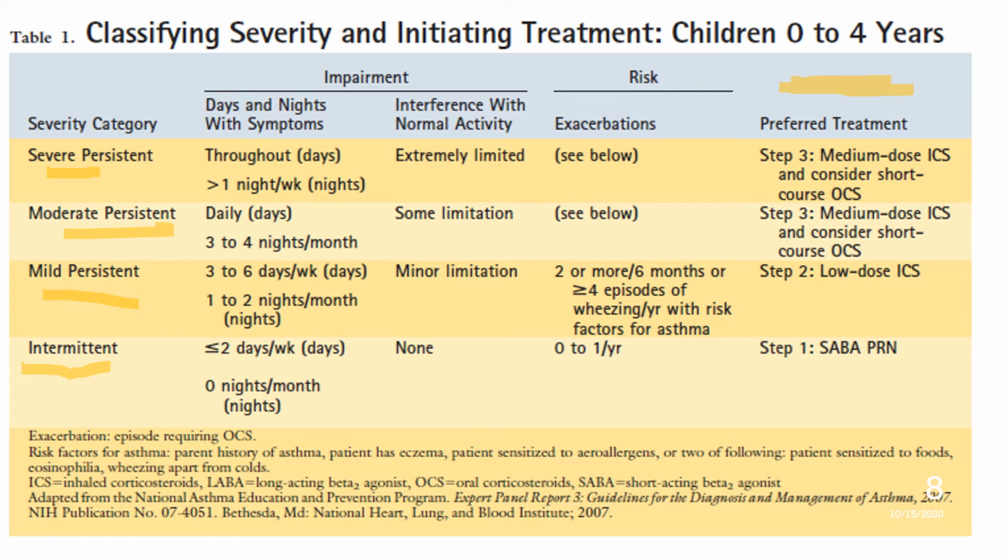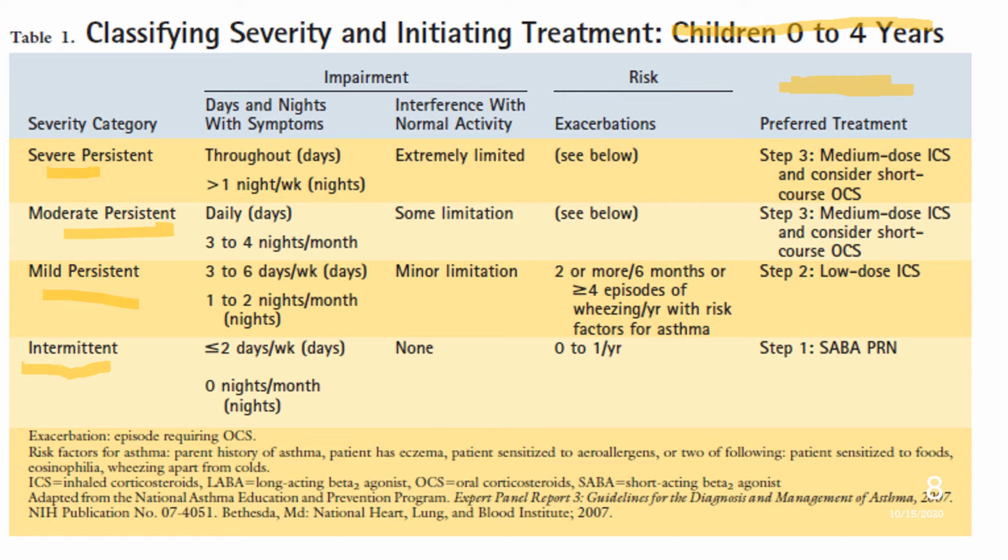So you're classified in one of these categories once. That's where you're identified. And here it's going to list the symptoms. If you were classified as mild persistent, and remember this chart right here is for children 0 to 4 years old, and I'm going to show you other charts. So you're diagnosed with mild persistent.